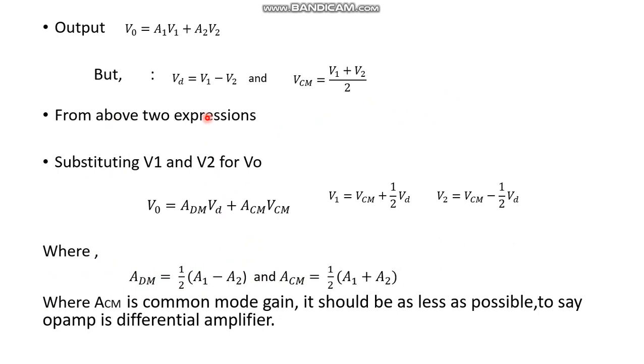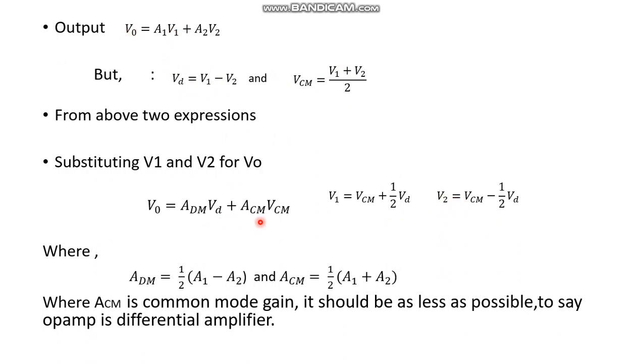From these two expressions, substituting V1 and V2, V0 equals ADM VD plus ACM VC. If you solve these two expressions, you can rewrite V1 and V2 in terms of VCM and VD, and substitute them in this expression.